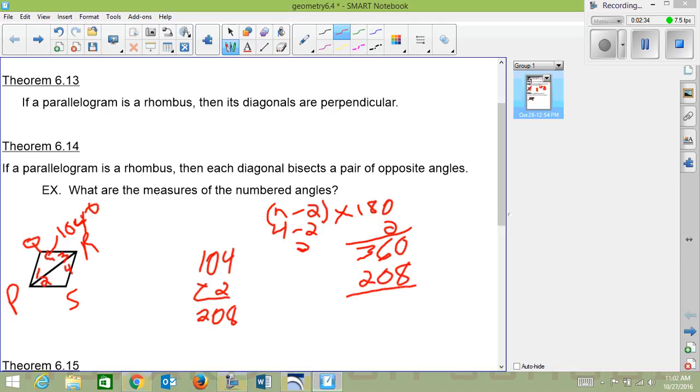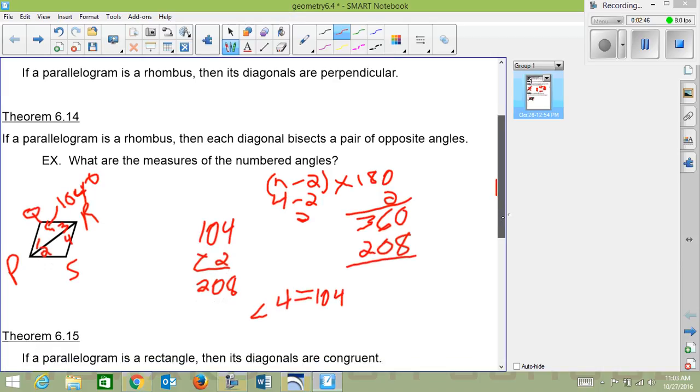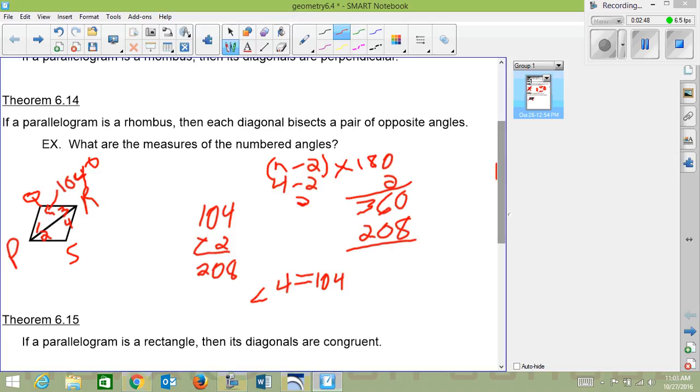Okay? So angle 4 equals 104. And we still need to figure out angles 1, 2, and 3. Let me back up a second.